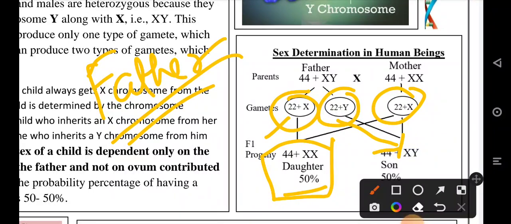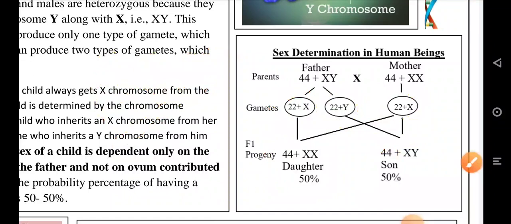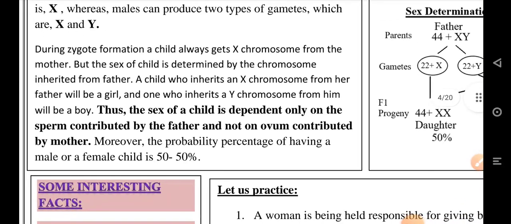So the mother should not be held responsible for having a girl child or for the sex of a child. It depends solely on the father which chromosome will be inherited in the formation.